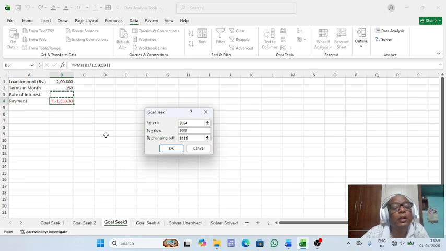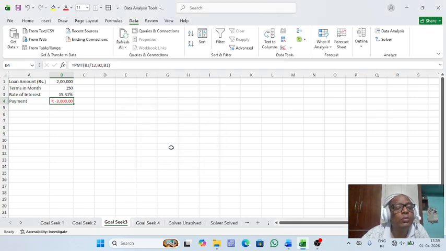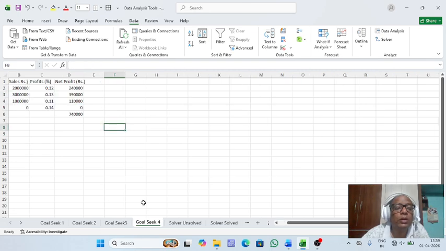Always remember it has to be minus, because you are paying it, so it is minus 3000. Once you click it, you get the rate of interest, 15.31 percent. So if you are paying 3000 rupees, you are paying at the rate of 15.31 percent.